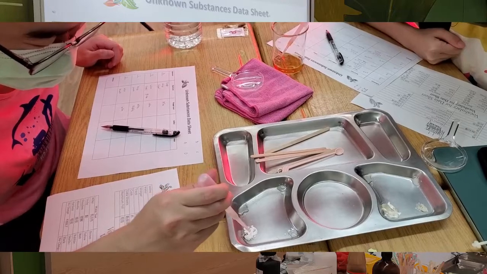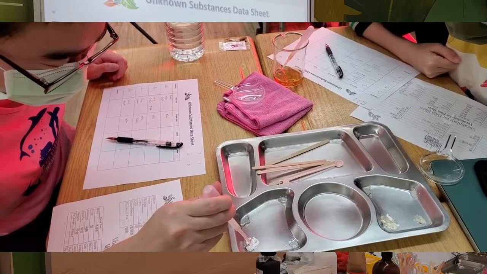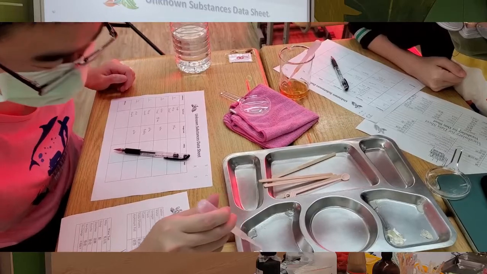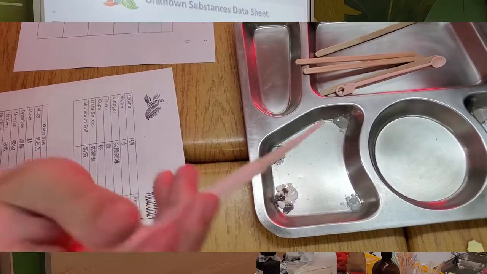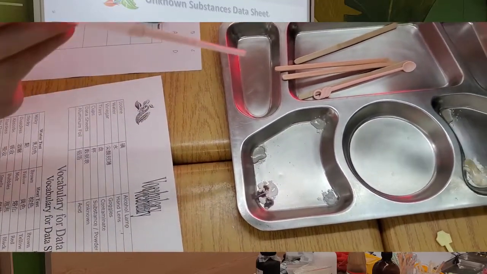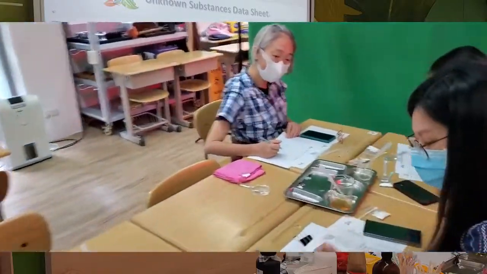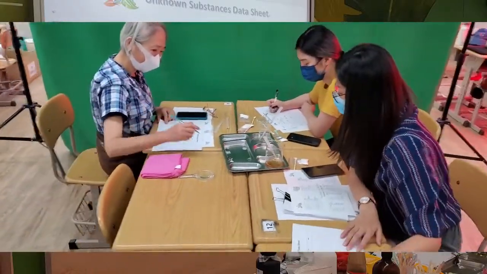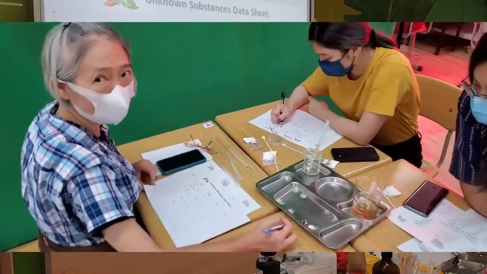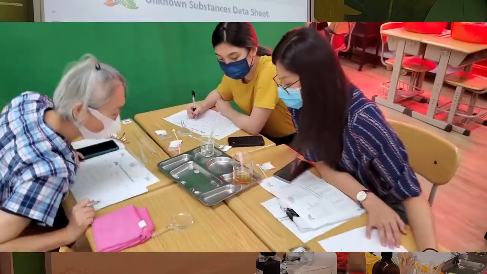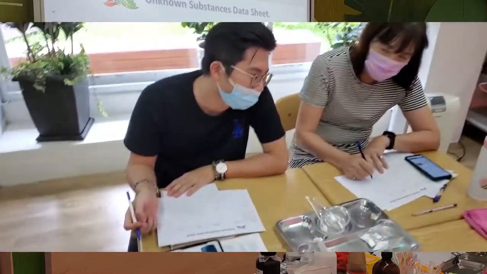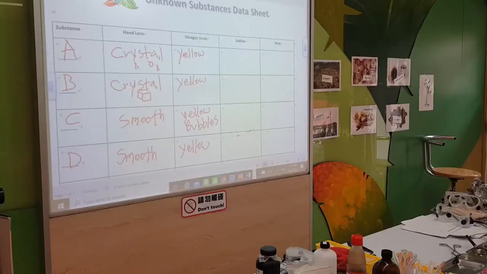Any difference? Yes. Which one? D. What happened to D? It's purple. Or maybe bubble? Maybe yes, maybe no. All right, so purple or black?